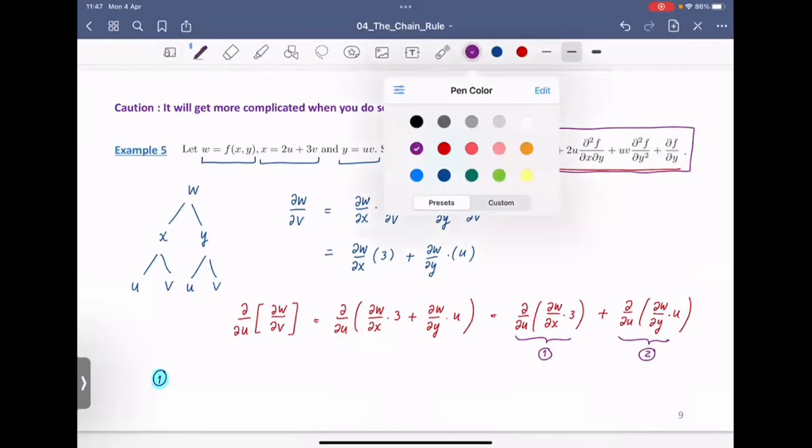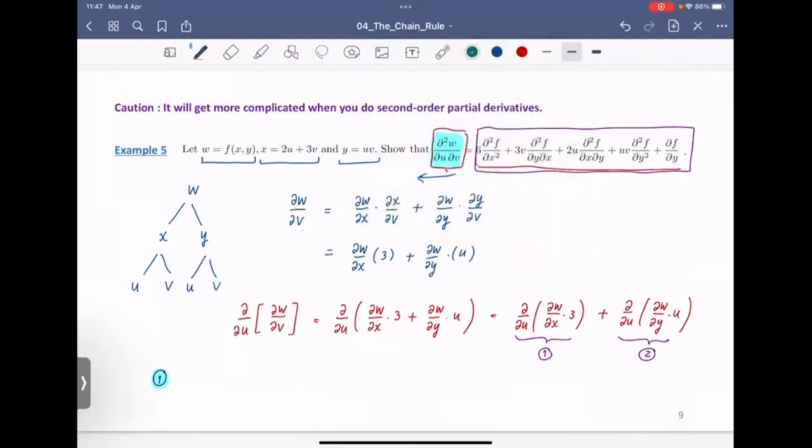So, let's do the green pen here. ∂/∂u, differentiate with respect to u of this term. What would you get? You can pull out the number 3, because that is a constant. What do you have here? You differentiate w with respect to x first inside the parentheses, and then outside the parentheses you differentiate with respect to u again.